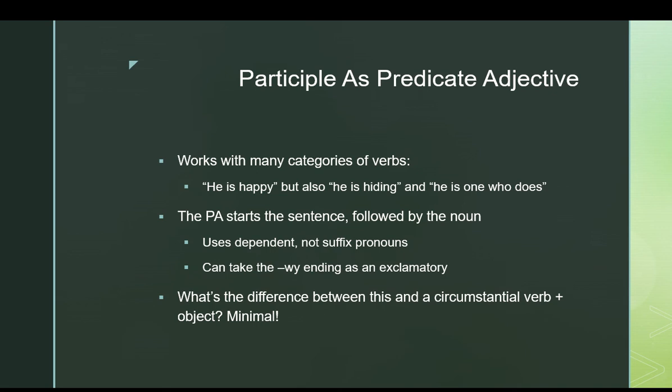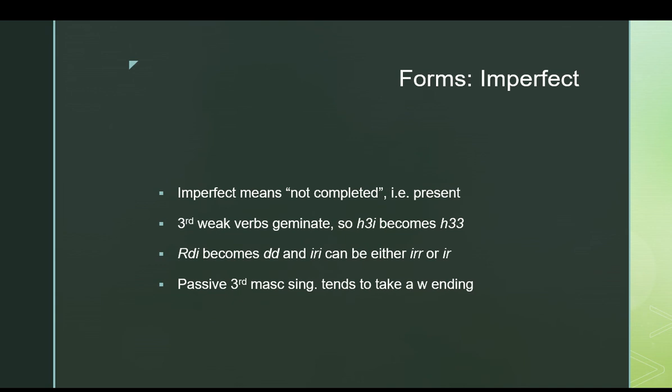Just things to note, neither should be terribly surprising. All right, now that we know what the participle means, we can talk about how to recognize it and what the different forms look like and how they behave, the connotations of their different meanings.